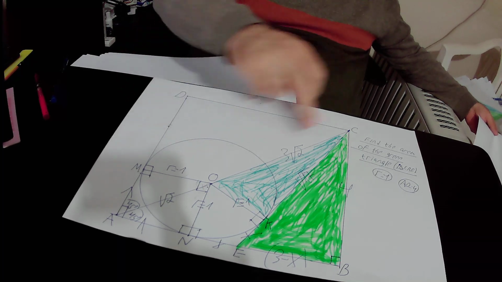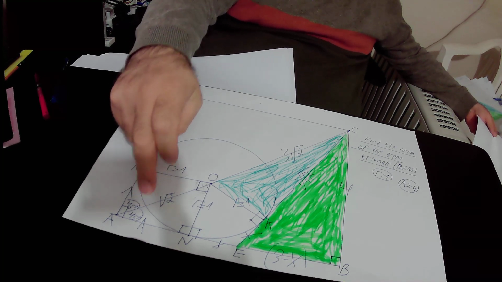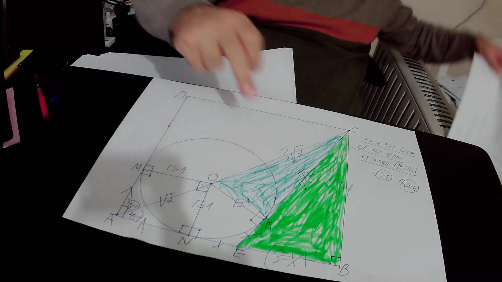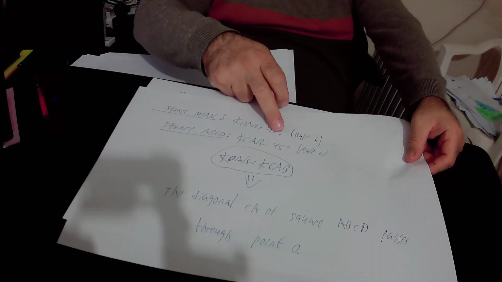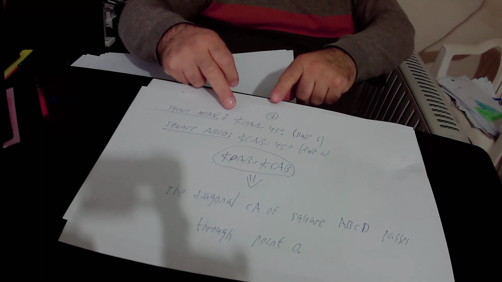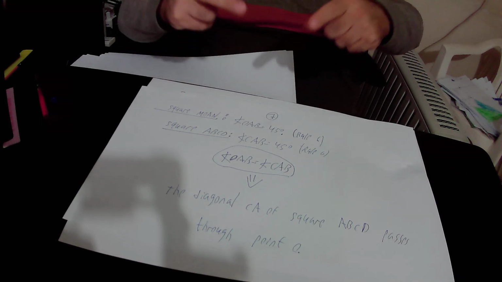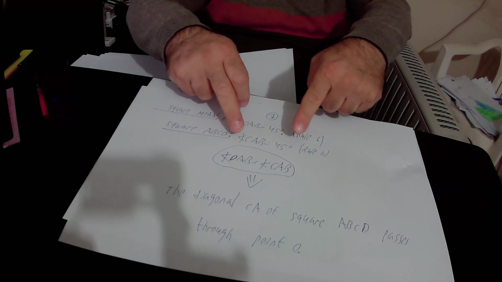So we have two angles that are both equal to 45 degrees, therefore they are equal to each other. So we found out that angle OAB equals angle CAB.